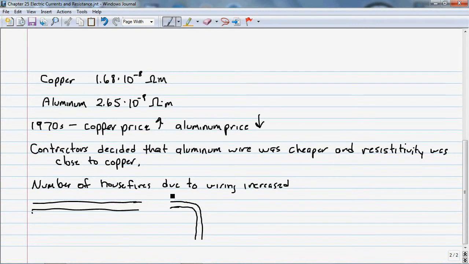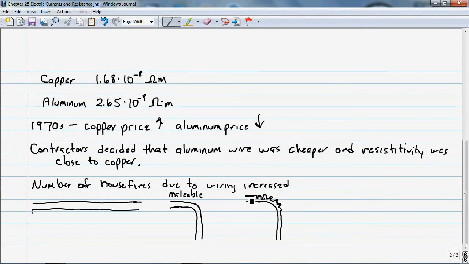Well, copper is fairly malleable, meaning that you can bend it and it won't cause a problem. It won't do any kind of fracturing. But aluminum, on the other hand, if you bend aluminum, it will create fractures. These little micro fractures. And I'm really making these big, but just to make a point.